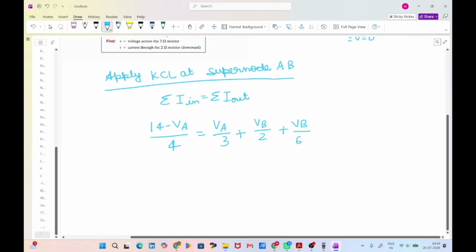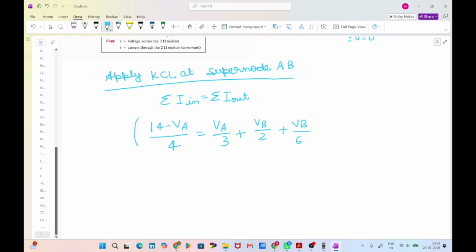We need to make the denominator 1. For that, multiply by 12. 4 3s are 12, 14 3s are 42, and then minus 3VA is equal to, here 3 4s are 12, it will become 4VA, plus, 2 6s are 12, it will become 6VB, and 6 2s are 12, it will become 2VB.